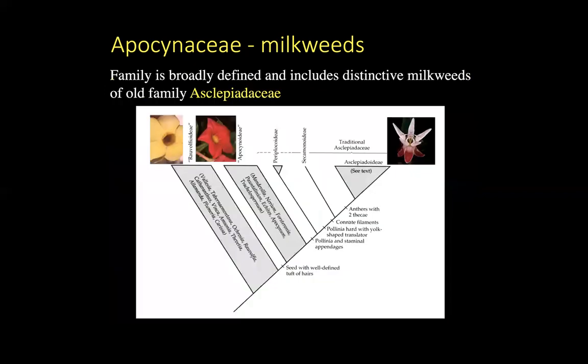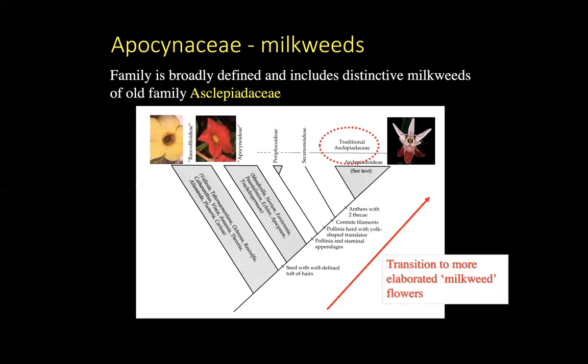So it used to be that the milkweeds were in their own family, the Asclepiadaceae. But one of the themes of this class is that molecular systematics changes names. So now the Asclepiadaceae is clearly embedded within the rest of the Apocynaceae. So we don't talk about the Asclepiadaceae anymore. It is now the Asclepiadoideae subfamily.